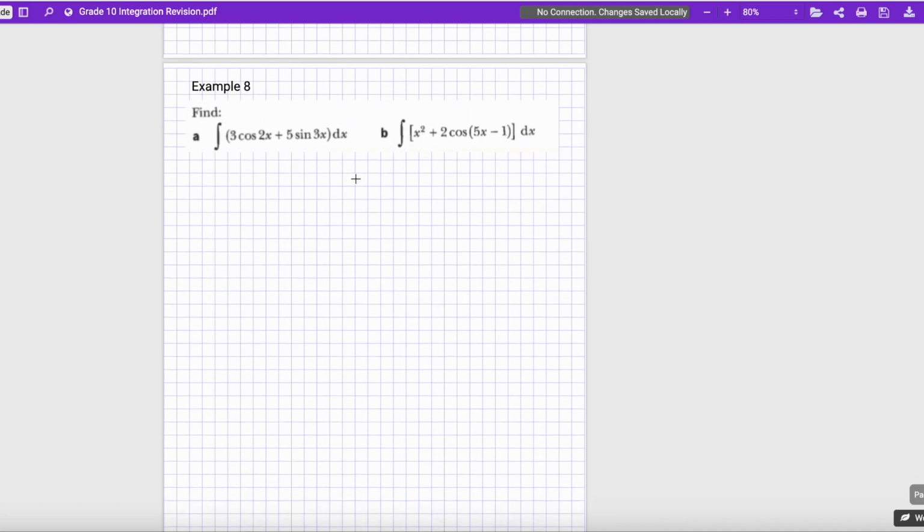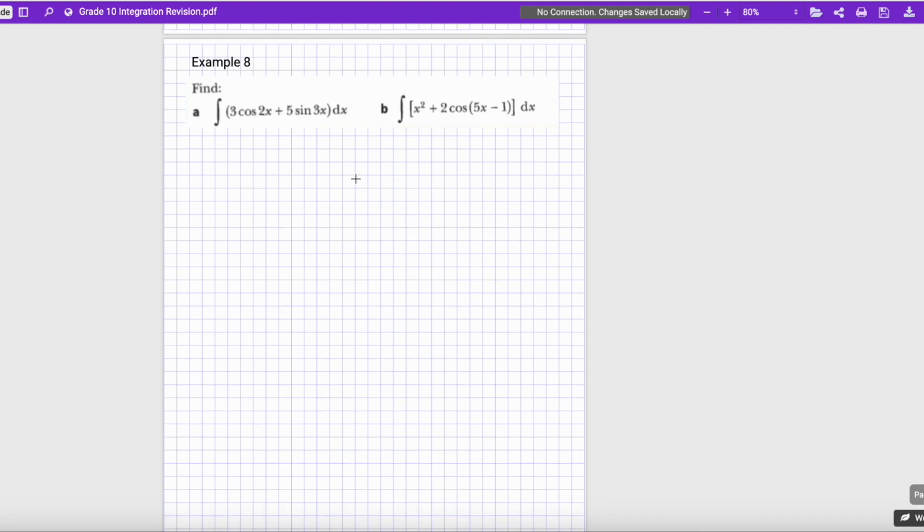Let's try example 8. A bit more complicated, but still quite similar. In this case, we can break part a up into two parts. We integrate 3 cosine of 2x dx plus we integrate 5 sine 3x dx.